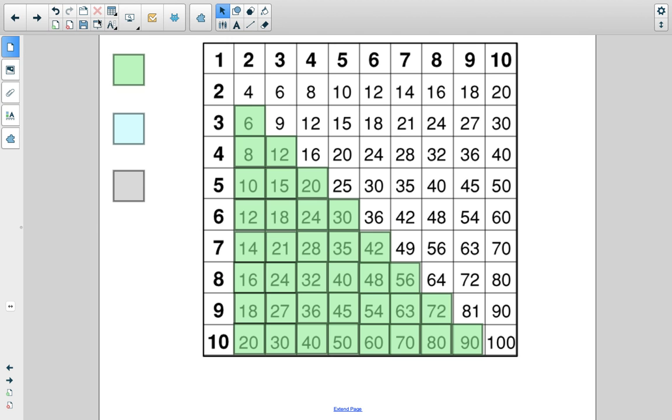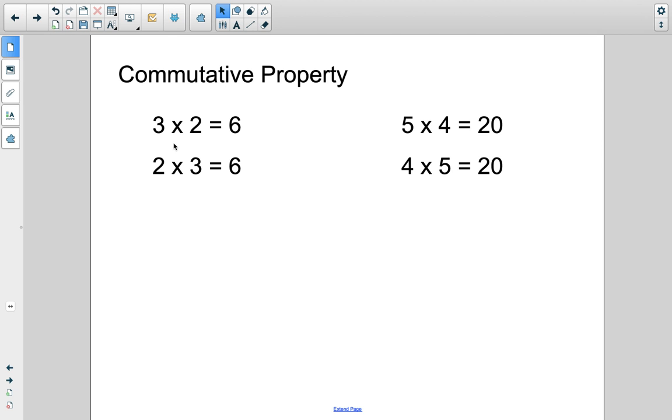In the commutative property, 3 times 2 equals 6, 2 times 3 equals 6, 5 times 4 is 20, 4 times 5 is 20. It basically means it doesn't matter what order you put the numbers in a multiplication question. You're always going to get the same answer as long as they're the same numbers.